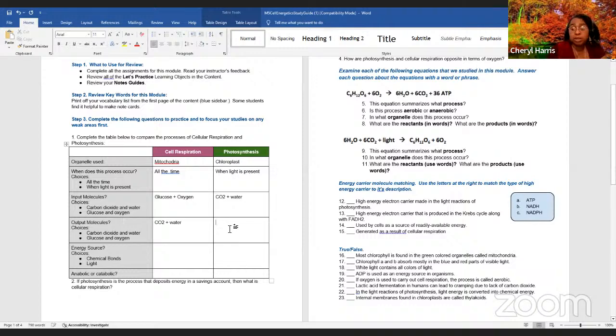Oh, I meant to tell you while I'm doing this, I want you to look up the definition of anabolic and catabolic. Look up the definition of anabolic and catabolic. I need you to know what they mean, not just be able to put it in the correct space.